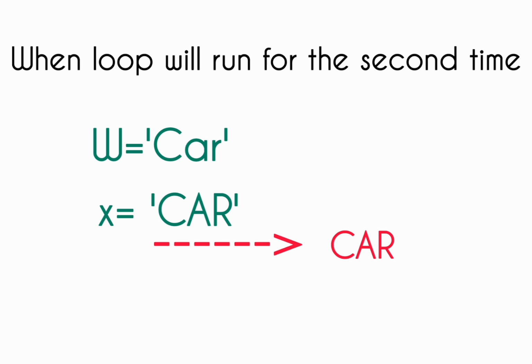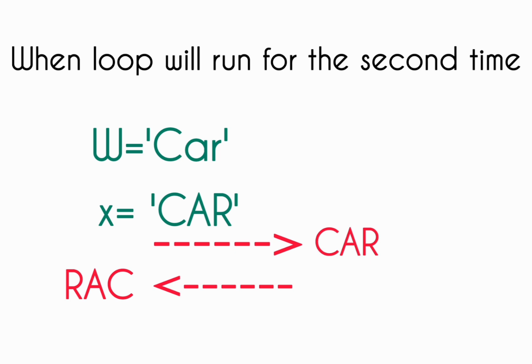But if you read it from the right side, then you will read it as rac. So it is sounding different from both sides, like you can't pronounce the same thing, and this is not the same word if we read it from the left side and the right side.